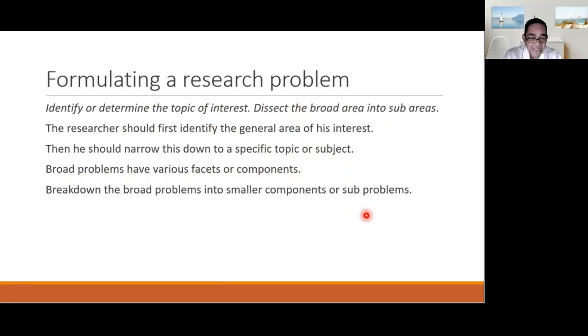Later on, this broad problem becomes the general objective, and the specific topics, the various facets and components of this broad problem, become the specific objectives.